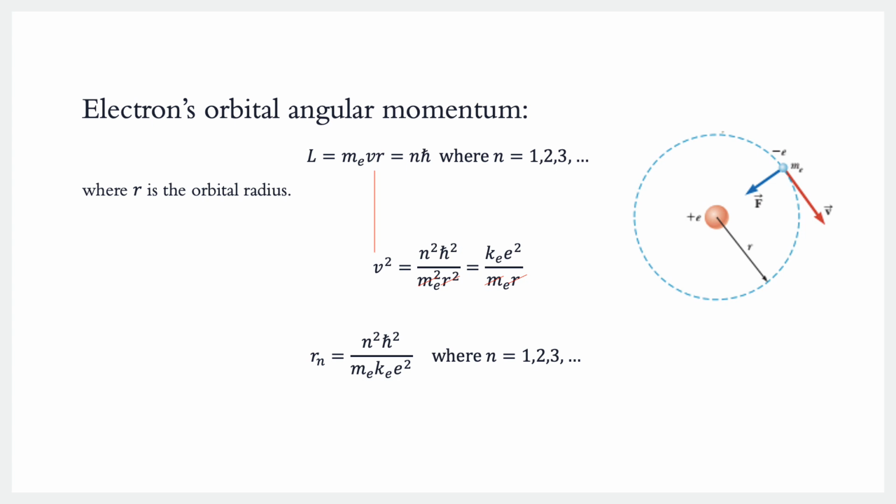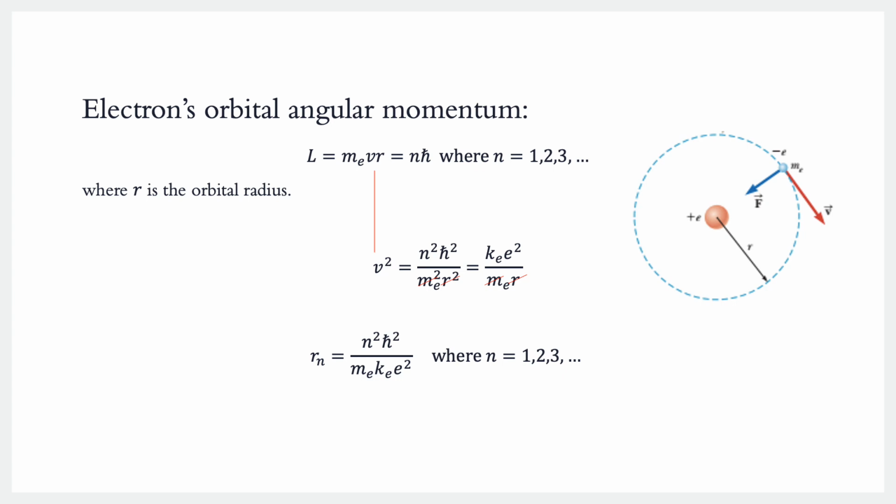Getting an expression for the electron speed v, squaring it, and equating it to the previously obtained v squared, the radii of the allowed orbits is now equal to n squared h bar squared over mass of the electron times Coulomb constant k times e squared, where n is a positive integer.